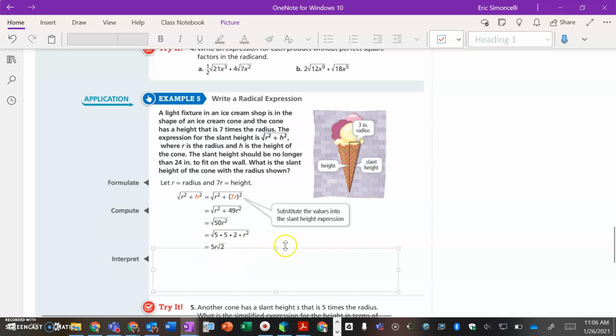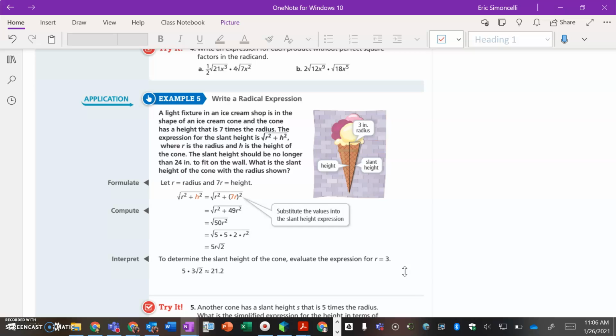So the expression, as we're seeing put together using all of those components, is 5r times the square root of 2. Again, that's our slant height. To determine the slant height of the cone, evaluate the expression with r equal to 3. Because r is equal to 3, we can plug it in.